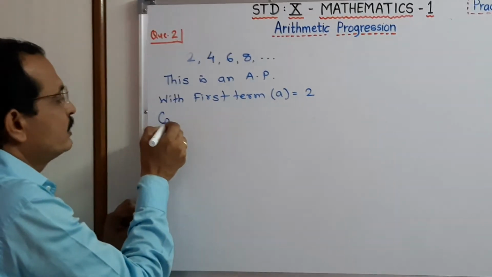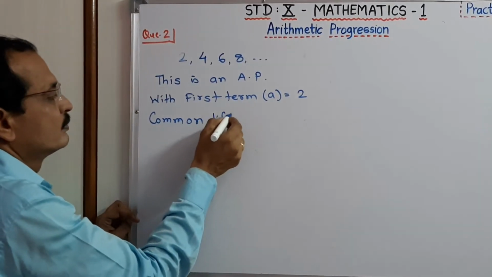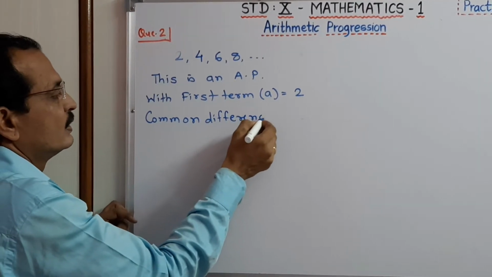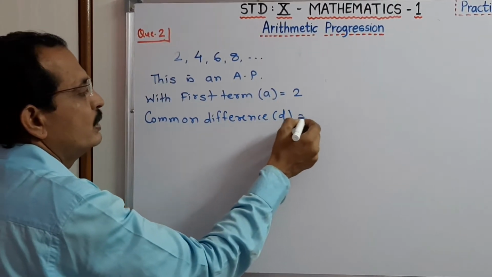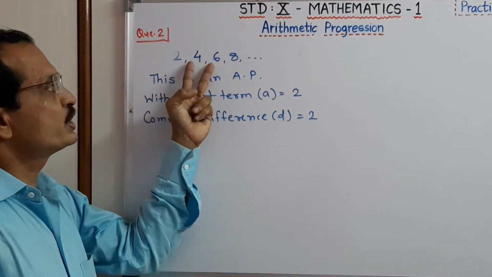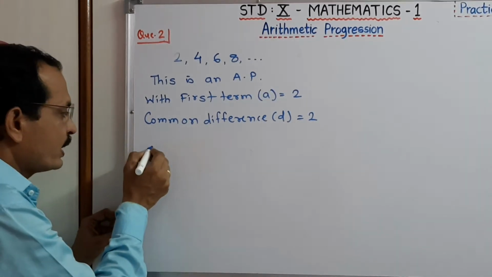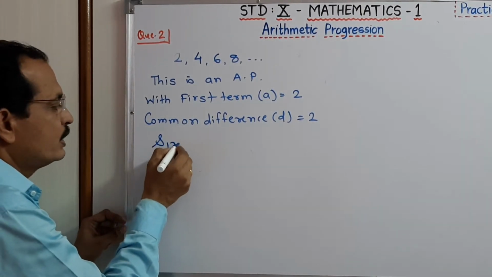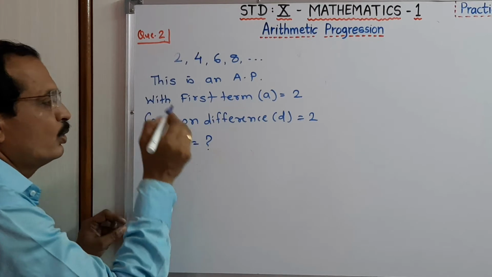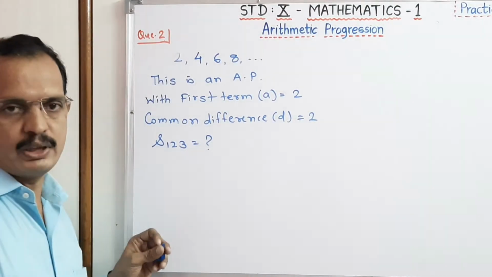What is the common difference? Common difference d will be 2. The difference between two consecutive even natural numbers is 2. And we have to find out S123, that means Sn where n is 123.